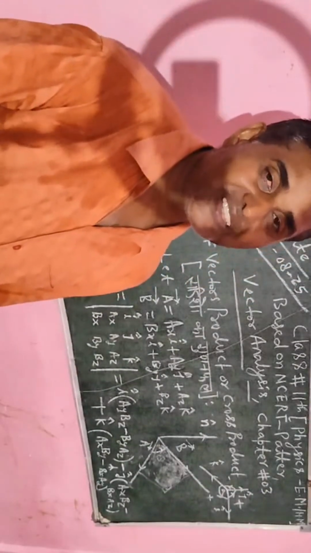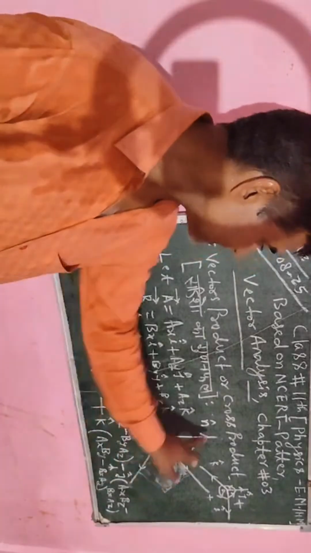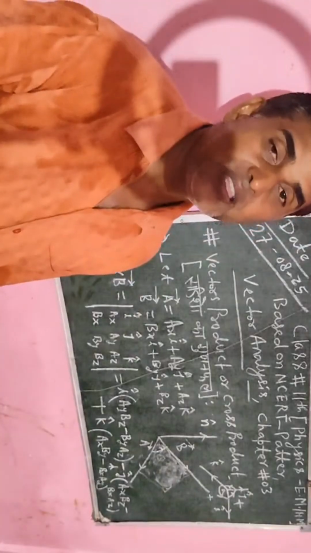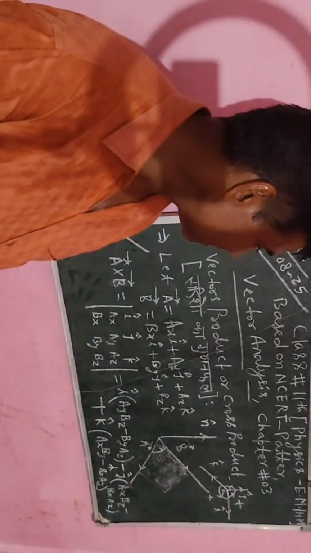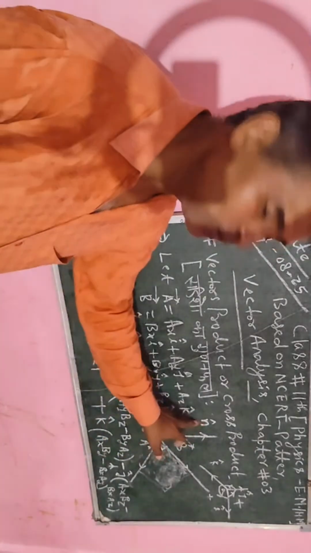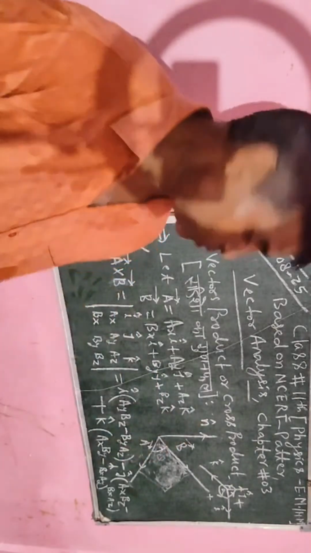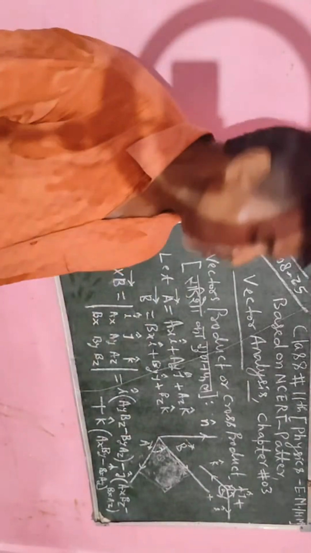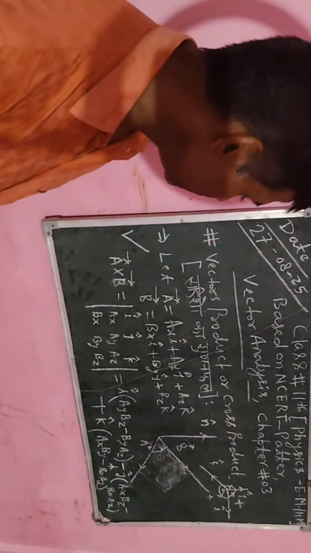That unit vector is represented as n cap, which is equal to vector n divided by the magnitude of vector n. That will be the unit vector. So that is the concept of unit vector.